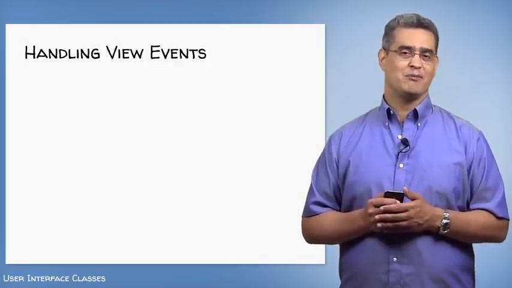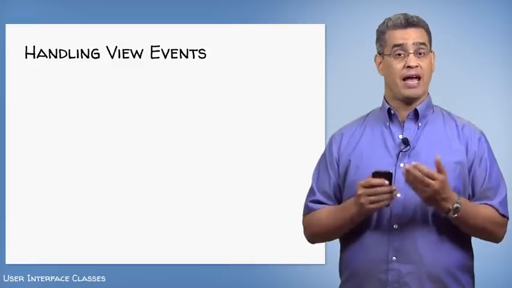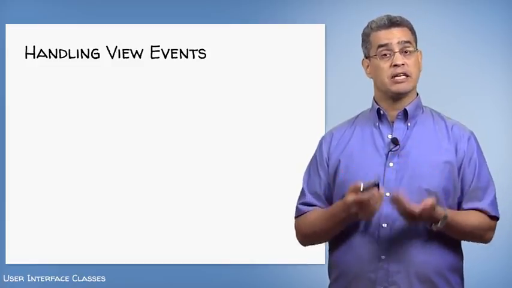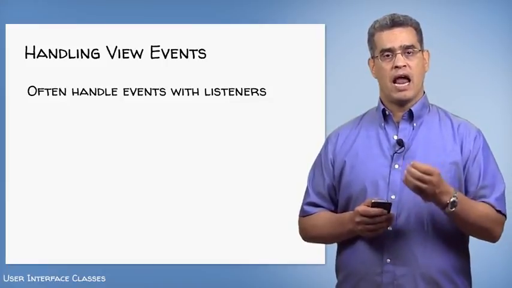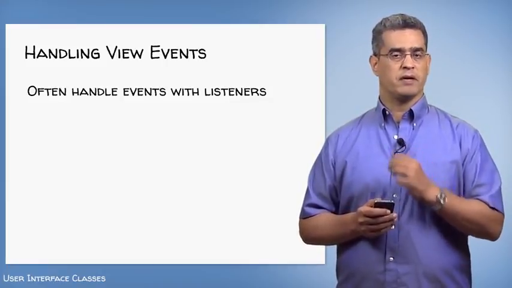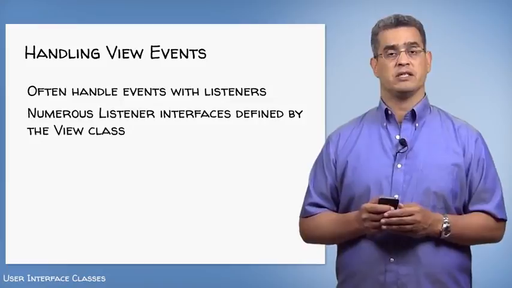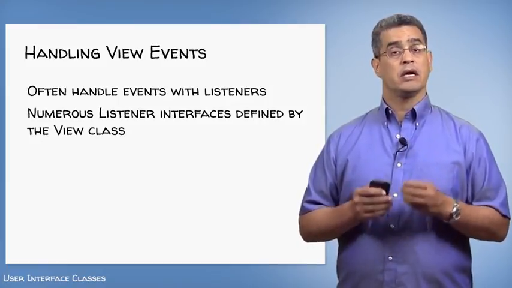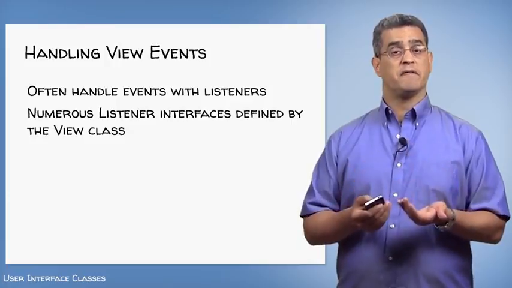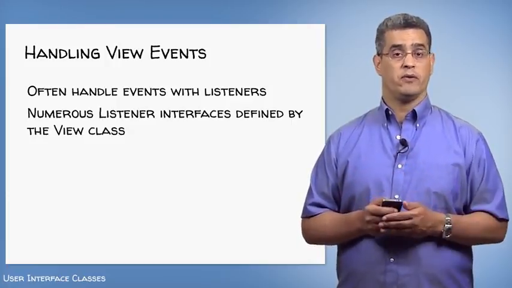As we've seen many times already, a very common way to handle events is by attaching listeners to individual views. Android defines a number of different kinds of listener interfaces, and the methods defined by those interfaces get called when specific events occur on a view.